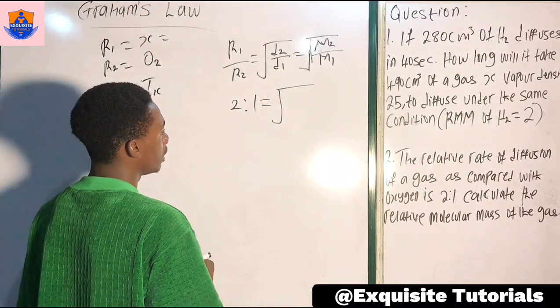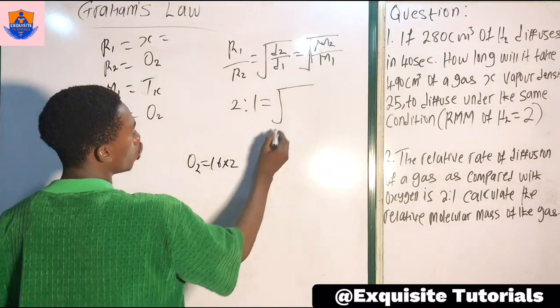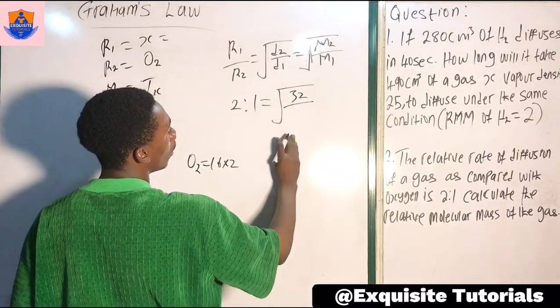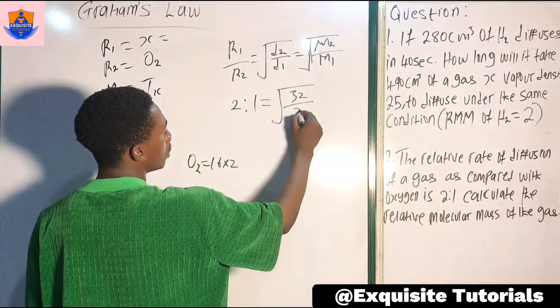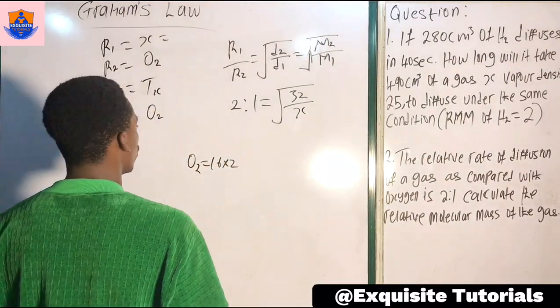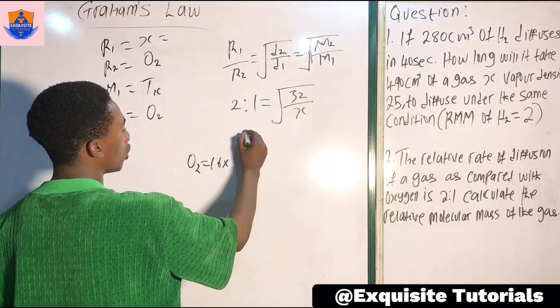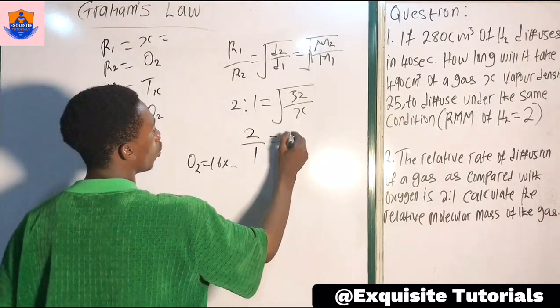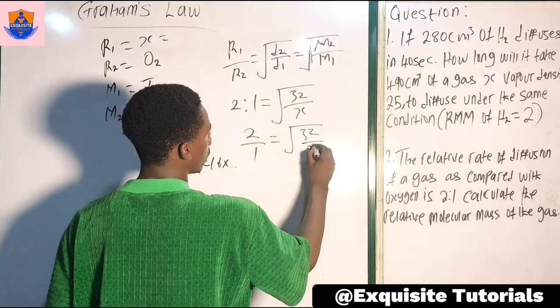Oxygen is 16, so oxygen gas is 16 times 2, so you have 32 over the unknown gas, let's use X. So now, how do we continue? So we have 2:1, same as 2 over 1, is equal to root 32 over X.